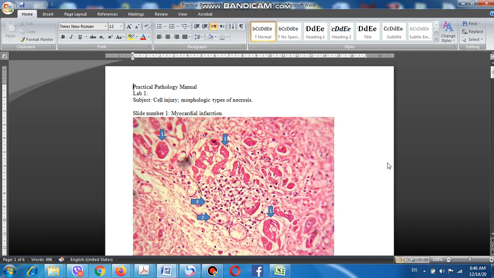autolysis. All cells, whenever they die, will start to digest their contents by release of their lysosomal enzymes.